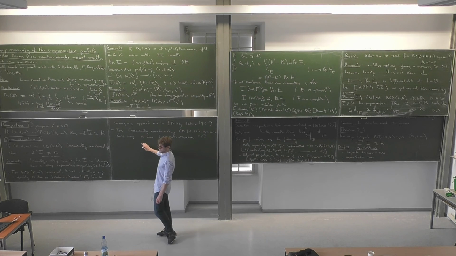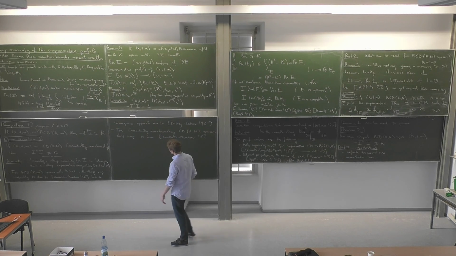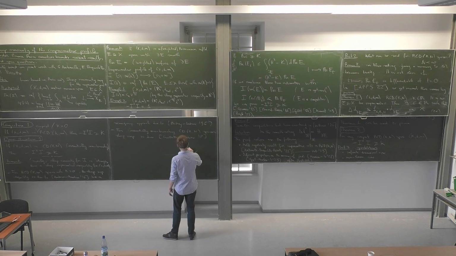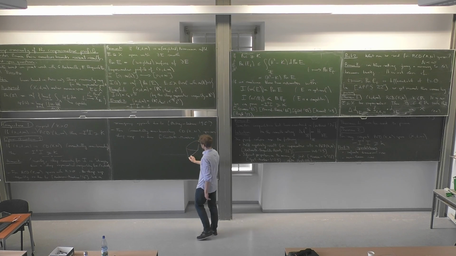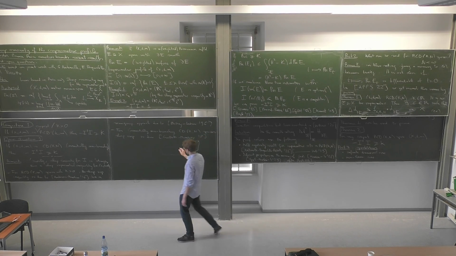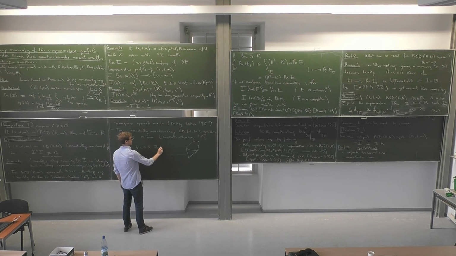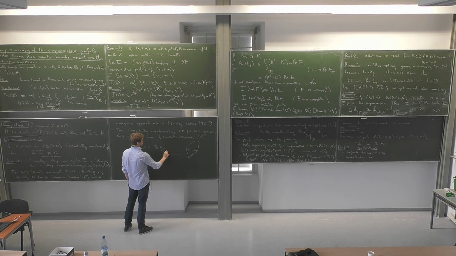On an RCD space, say the RCD space is compact, maybe something like a cone here, and then something like this here. You have the Bishop-Gromov volume monotonicity, so you know that for any x in X, there exists the limit as r goes to 0 of the measure of B_r(x) divided by ω_n r^n.